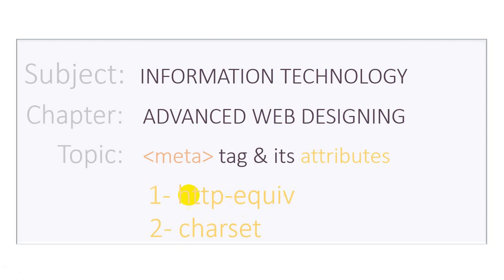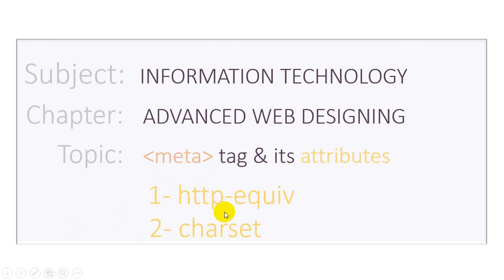These are two meaningful and very important attributes of meta tag. We will see each one of these attributes, HTTP equiv and charset, and we will see practically what is the use of HTTP equivalent and what is the use of charset.